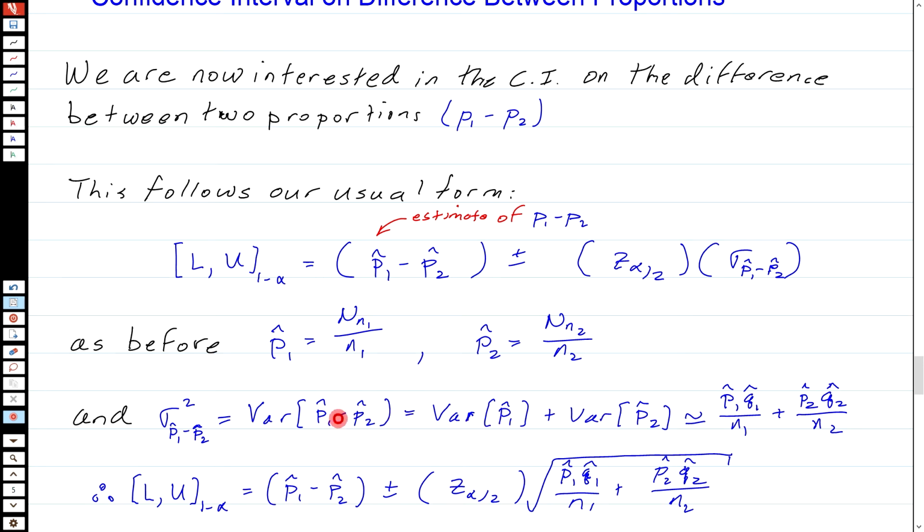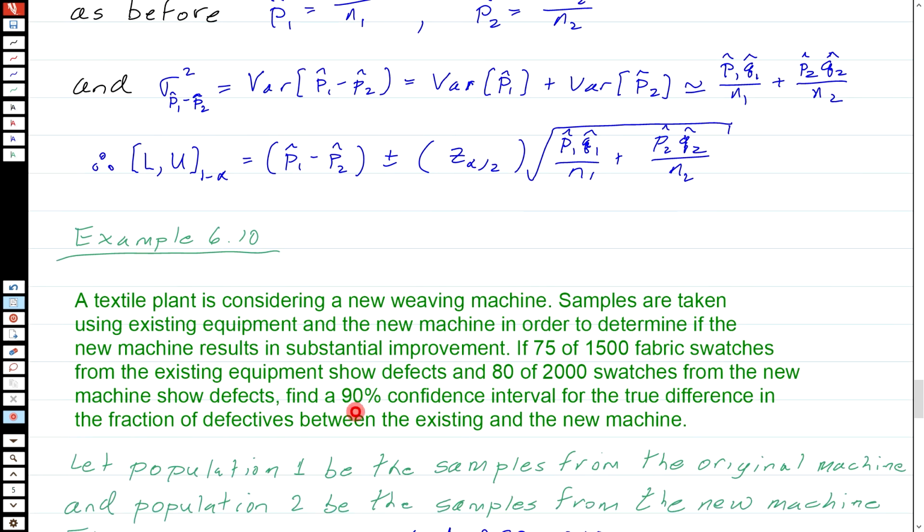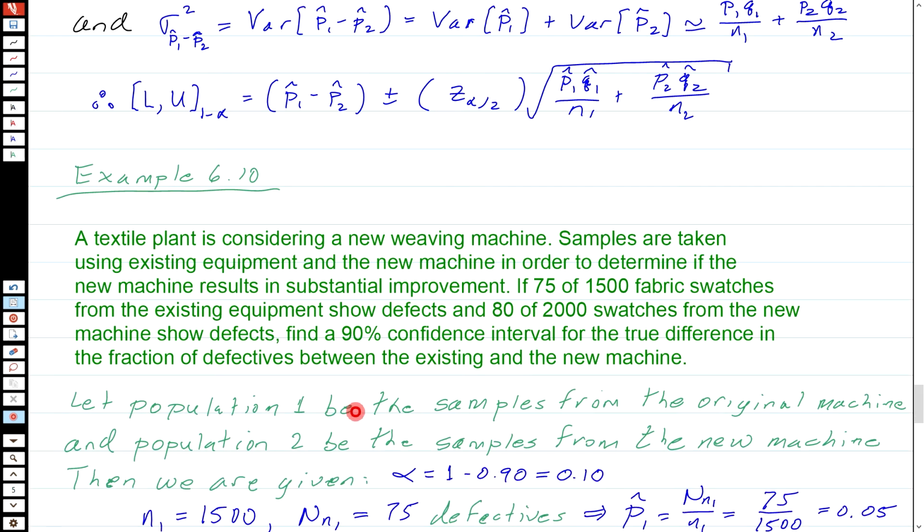And remember, this minus 1 is squared, so it becomes a plus sign here. And we know the variance is P1 hat Q1 hat over N1 plus P2 hat Q2 hat over N2. And now we know everything we need to assess this confidence interval. Let's illustrate this with an example.